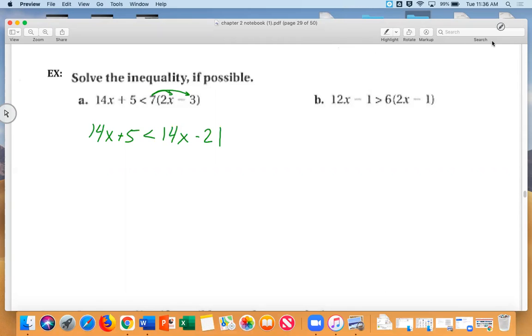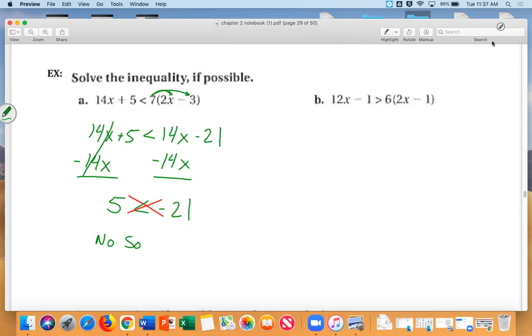If I subtract that 14 from both sides, is 5 less than negative 21? And the answer Jules is going to tell us is no. And she can probably see that early on.